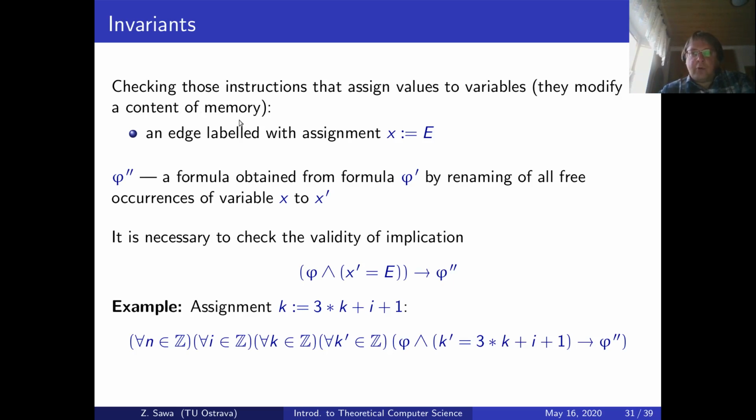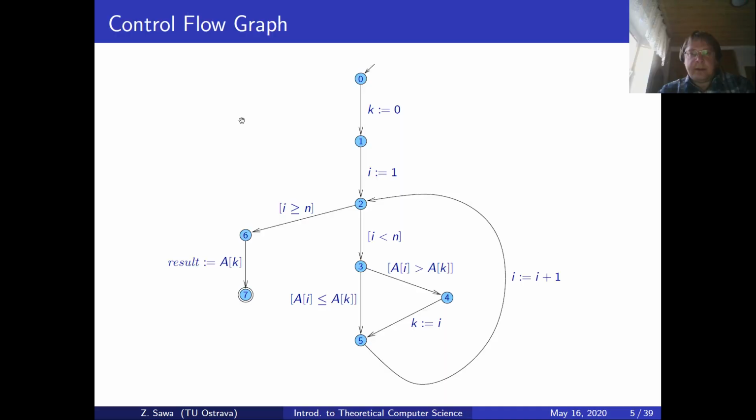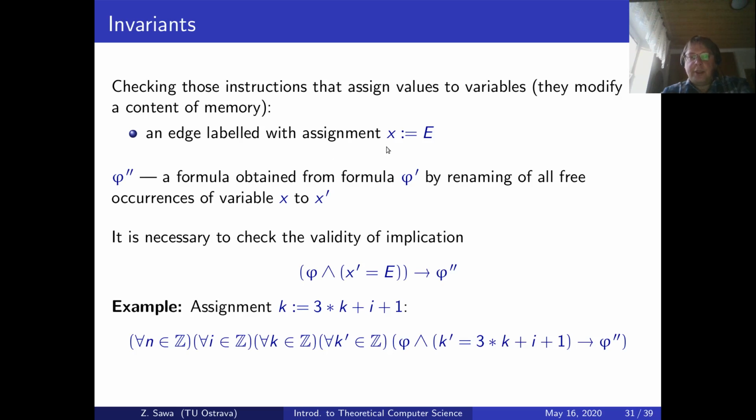So consider now those instructions where we have some kind of assignment, for example this transition, or this transition, or this one. Let's consider, for example, this one where the value I is assigned to variable k. In general, we will concentrate now only on assignments, just to illustrate the basic idea.